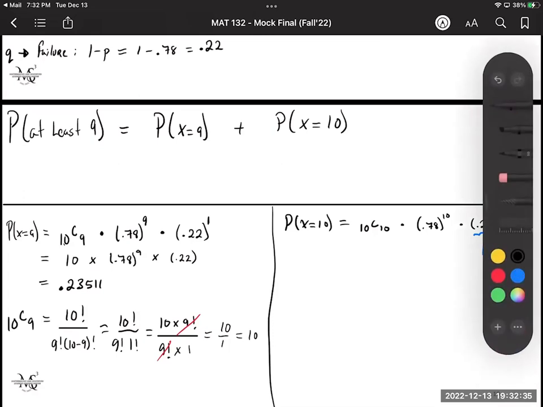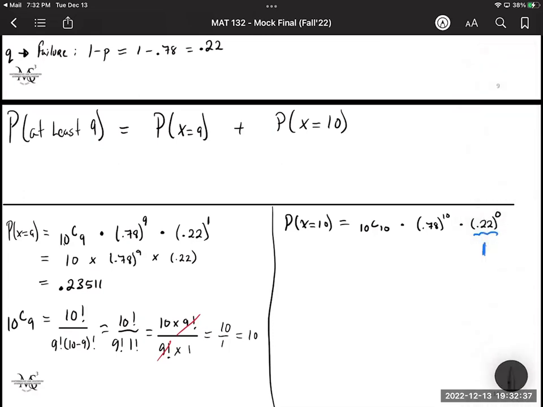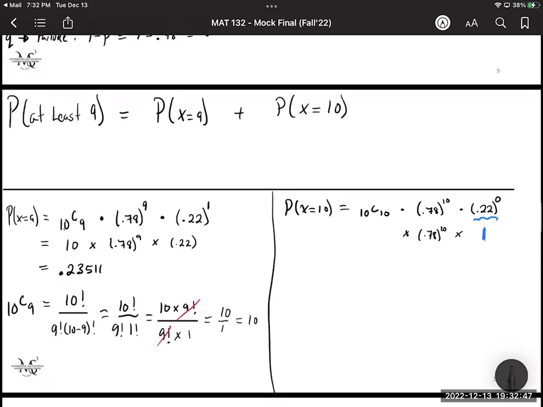Okay, so now all I got to worry about is the 10 choose 10 part, and then I'll multiply things out. So 10 choose 10 is equal to 10 factorial over 10 factorial times 10 minus 10 factorial.